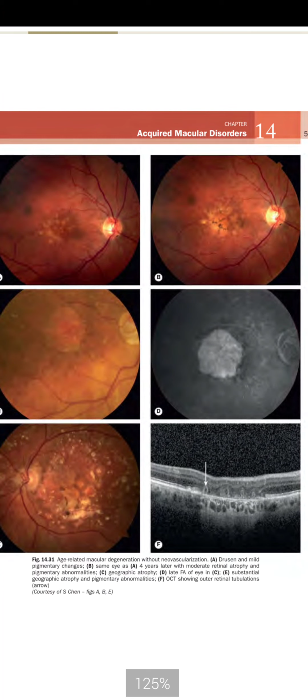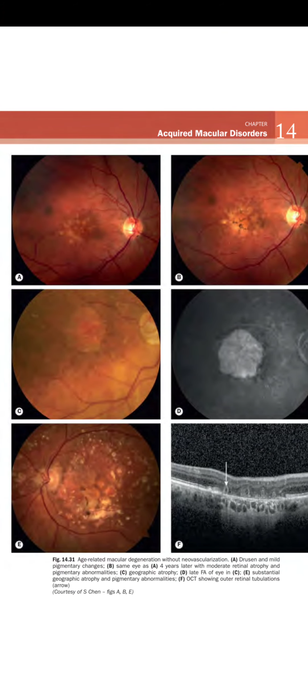So this is age-related macular degeneration without neovascularization. A is showing drusen, and mild pigmentary changes can also be seen. B is showing the same eye 4 years later with moderate retinal atrophy and pigmentary abnormality. C is showing a geographic atrophy.